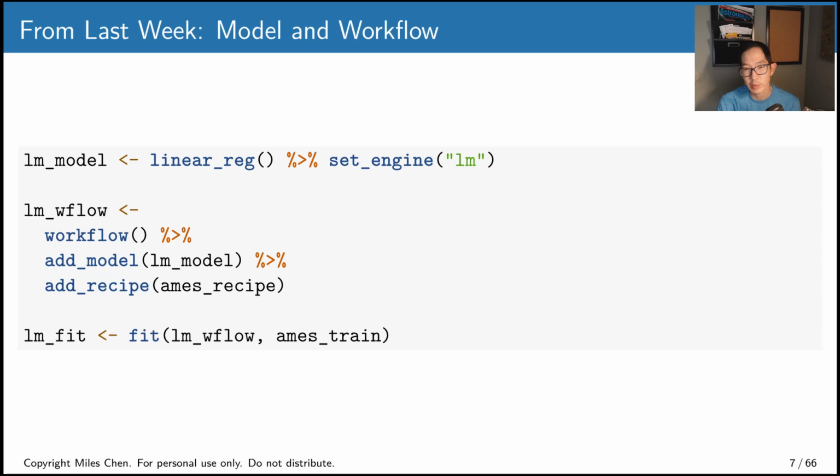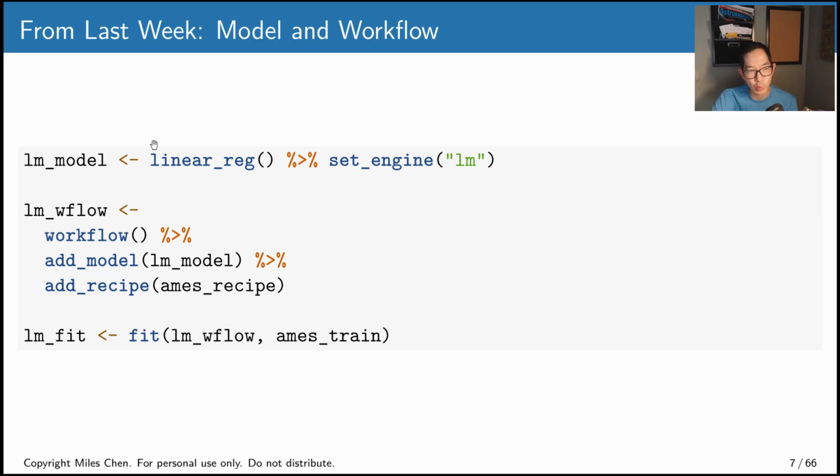Also, what we did last week is we created our first model and workflow. Our model we specified to be a linear regression model. We set the engine to be LM, which is a function in base R. And then we threw that into a workflow.